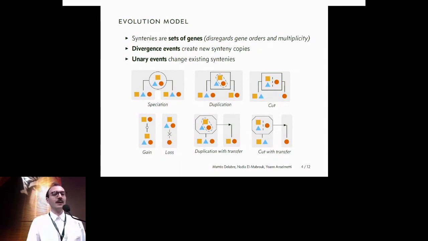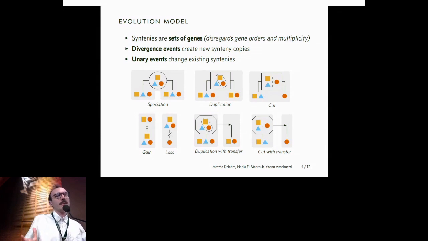In duplications and cuts, which are the next two events, we stay in the same host, but we extract a part of an existing synteny and either create a new copy or simply move it to a new synteny. If we create a copy, this is a duplication, and if we move it to a new synteny, it's a cut.